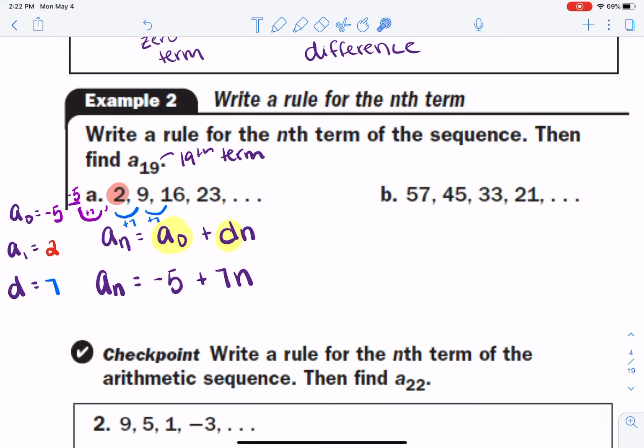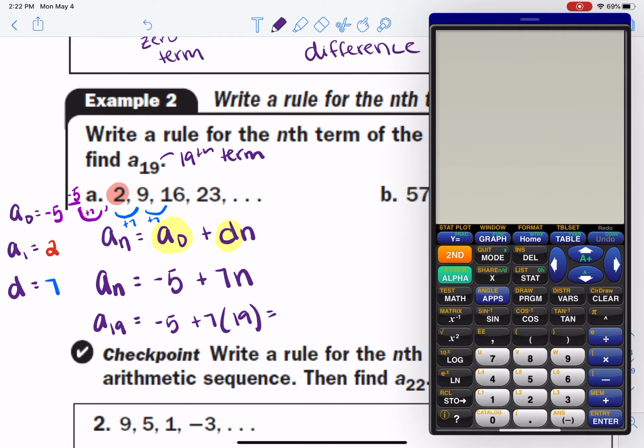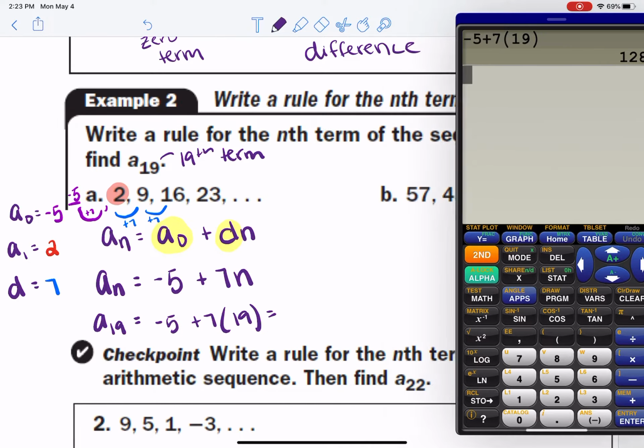You could keep adding 7 all the way up until the 19th term, or you can say a sub 19 and plug in 19 for n. So that becomes -5 plus 7 times 19. That's a great problem for your calculator. So 128 would be our 19th term.